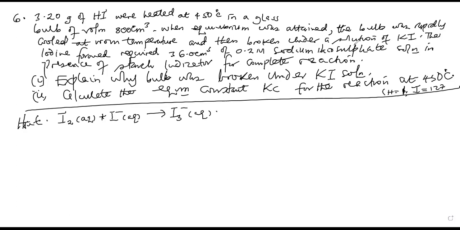Since sodium thiosulfate is known, we can get moles of iodine by writing the reaction equation between iodine and thiosulfate to give tetrathionate ions and iodide ions. So if these moles are in 1,000, we get moles in 36, then from the mole ratio, we get the moles of iodine.